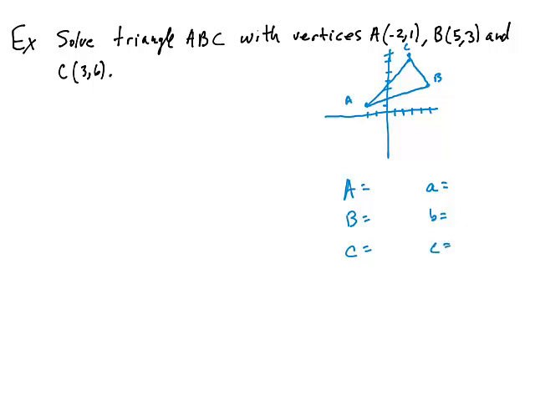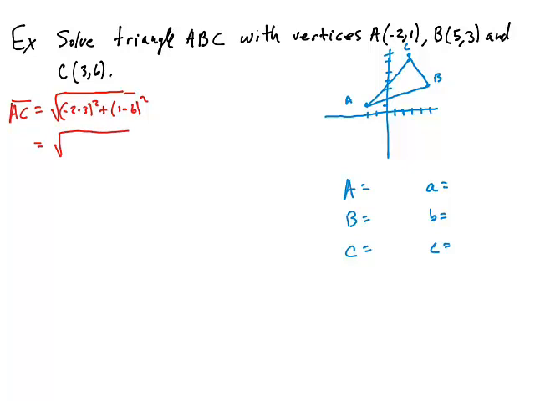Okay, well, to find the possible sides, we can just use the distance formula between each pair of vertices. So let's find the distance between AC first. Well, the distance formula, we just take the difference of the x's squared plus the difference of the y's squared. So A and C, we're going to do -2 minus 3 squared plus 1 minus 6 squared.